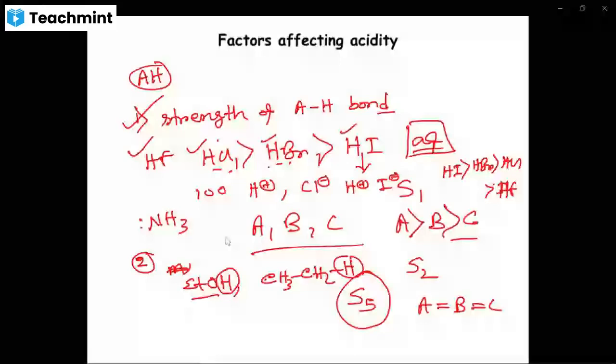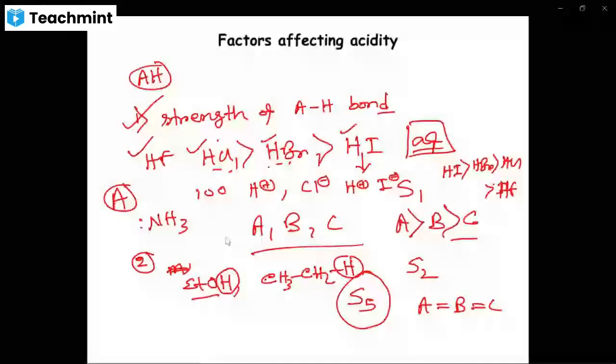So it is clear that the second point on which the acidity depends is the electronegativity of the atom A. So first we have to look into the bond strength, and then we have to look into the electronegativity of A, because if you consider the OH bond and the CH bond, the bond strength will differ very slightly.